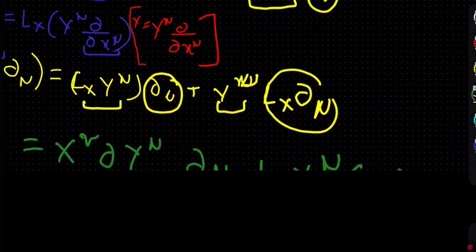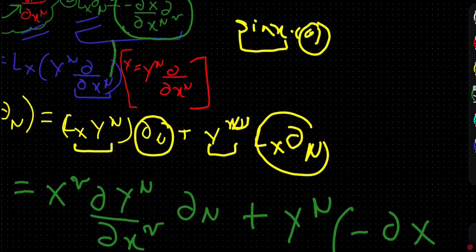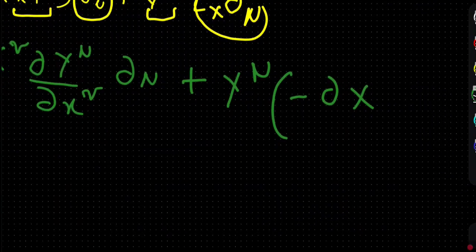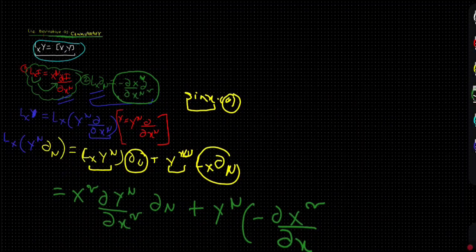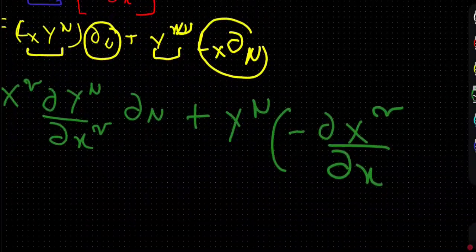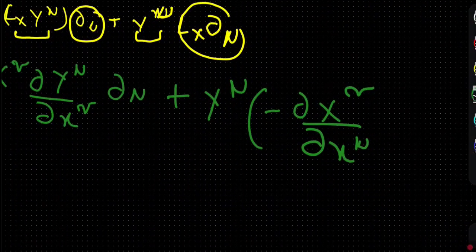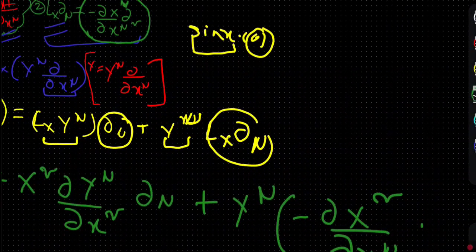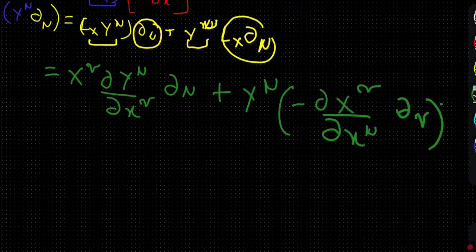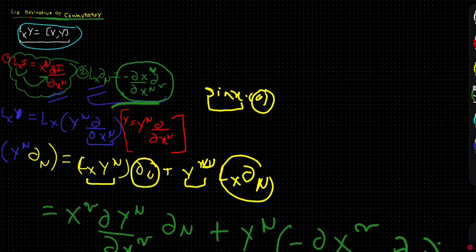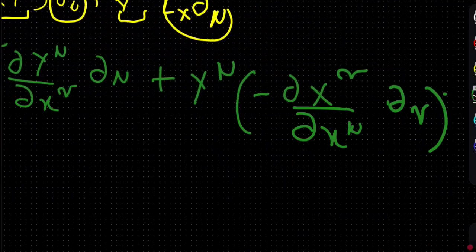According to the formula, it is the negative of ∂X^ν/∂x^μ ∂_ν. We have written this with the help of this particular formula. This formula is very important, you have to remember this. I have directly written what is written in this particular formula.